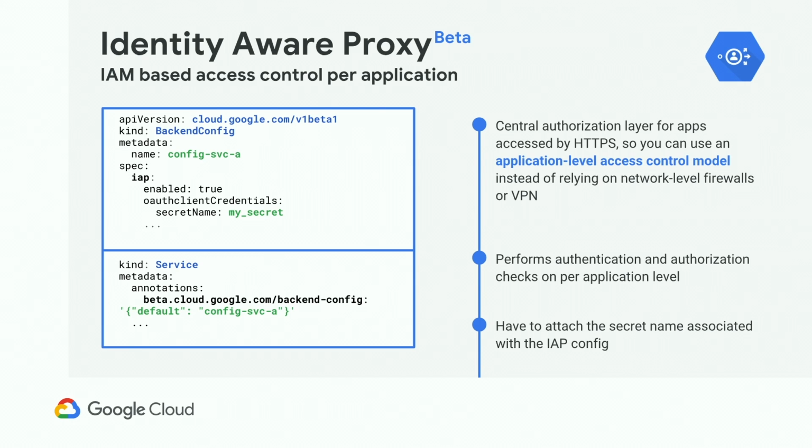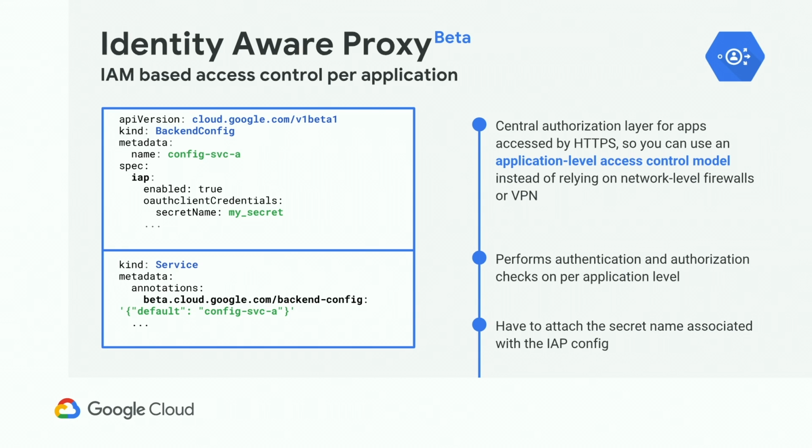You see on the slide here how to actually integrate with IAP. The first thing you define is a backend config object. We introduced this concept of a backend config object so that we could have more GCP-specific annotations for your GKE clusters. The first thing you do is define the backend config object, and then within the spec, you set your IAP settings.